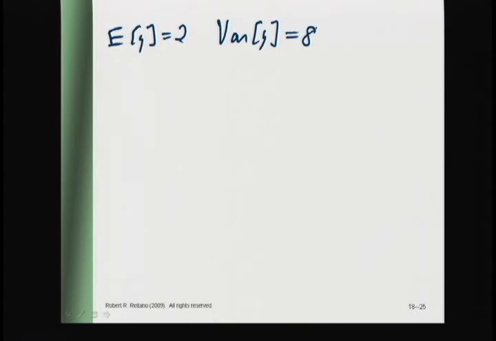Well, we just saw in the prior slide that the variance is equal to the mean squared times e to the v squared minus 1. In other words, the variance of the log normal is equal to the mean of the log normal squared times e to the v squared minus 1, v squared being the variance of the normal.